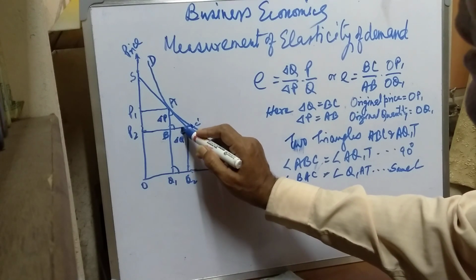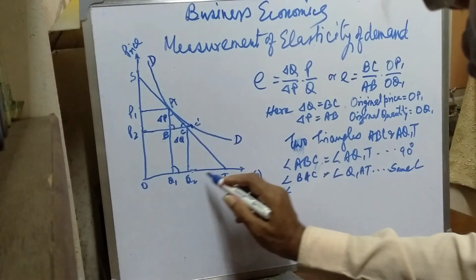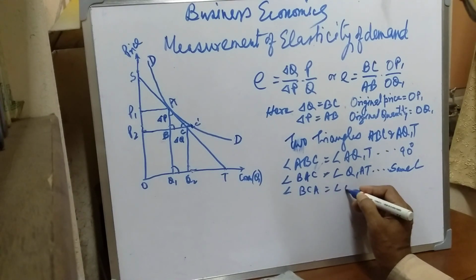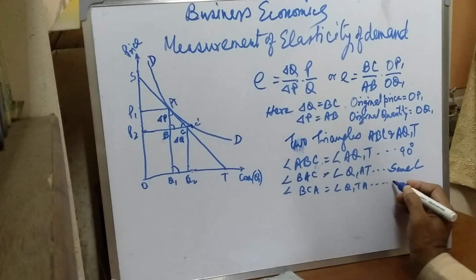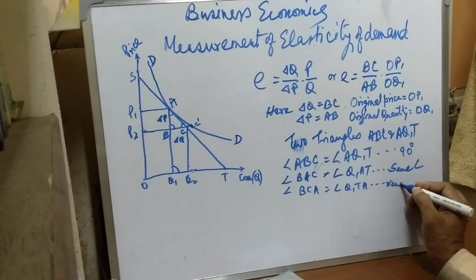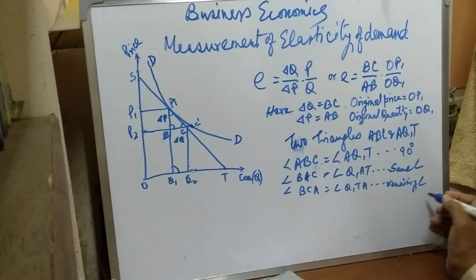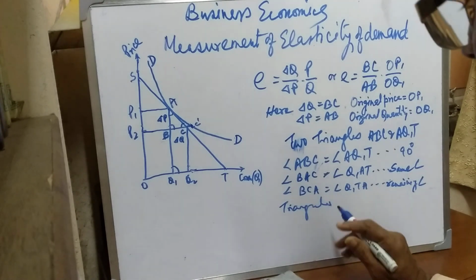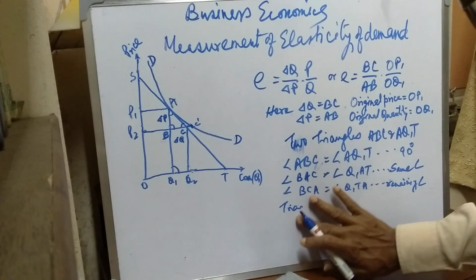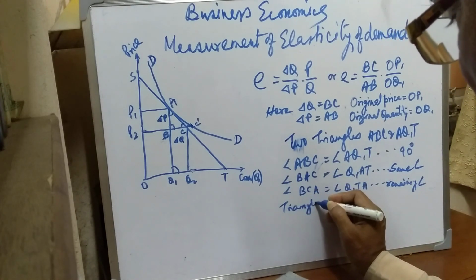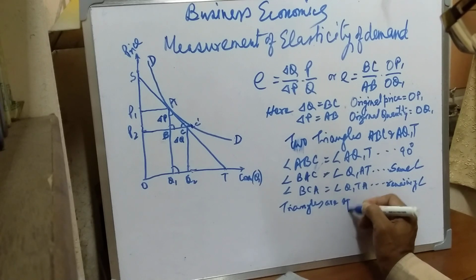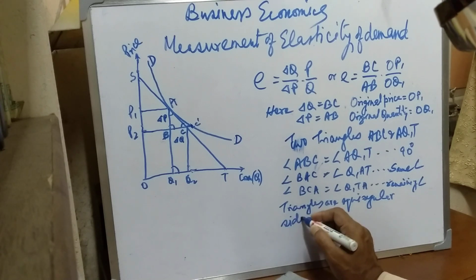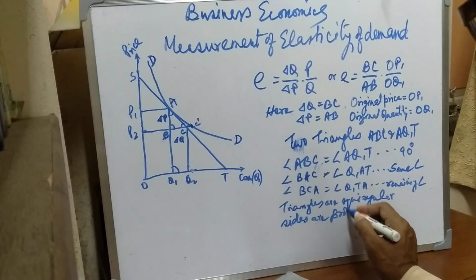So angle BCA will be equal to angle Q1TA, the remaining angle. So the triangles are equiangular and sides are proportional.